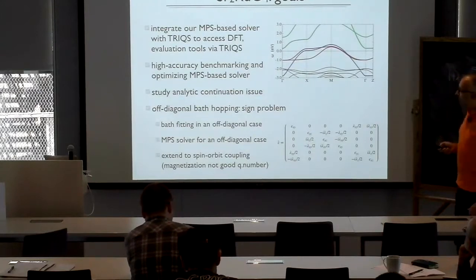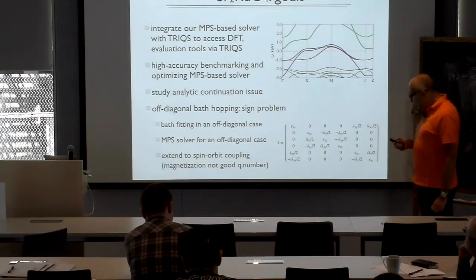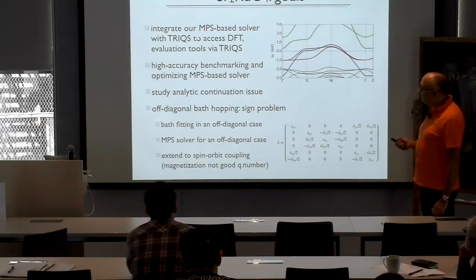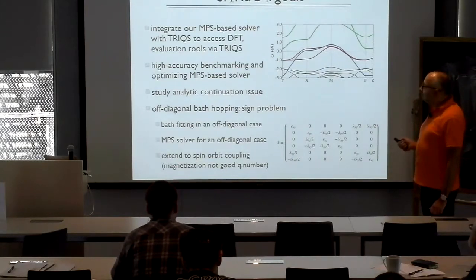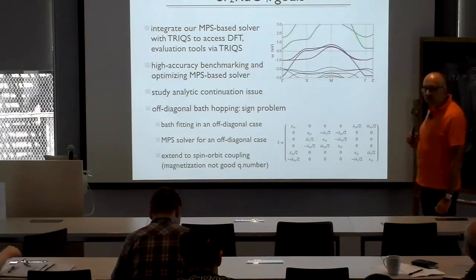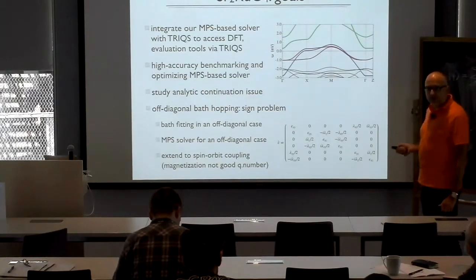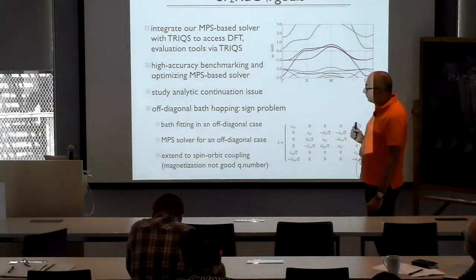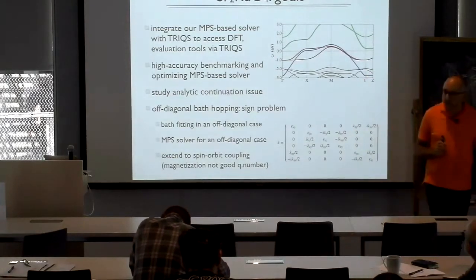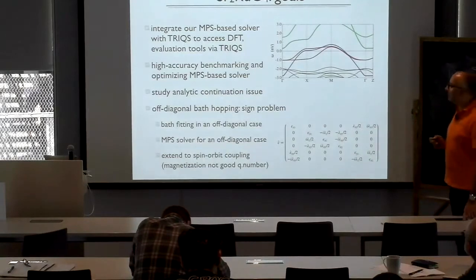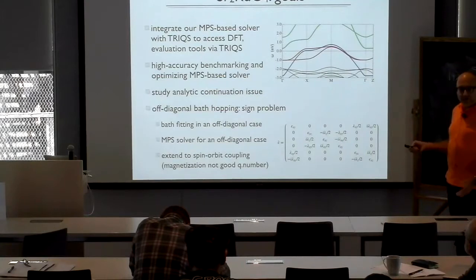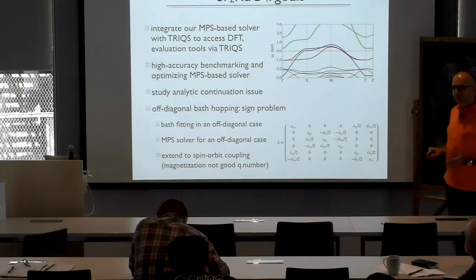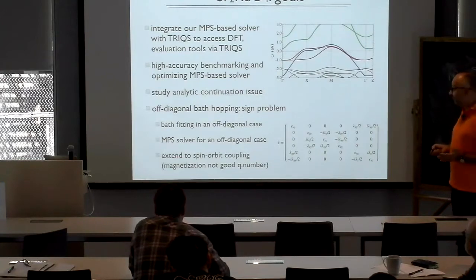We thought we would go all the way right away, integrate our solver with tricks in order to access real DFT band structures, to really go all the way to realism, and at the same time to be able to profit from all the years of development work that have been invested in tricks, in order not to reinvent the wheel for all these things that you can calculate there. I think the people here who are working on tricks know what is possible there.